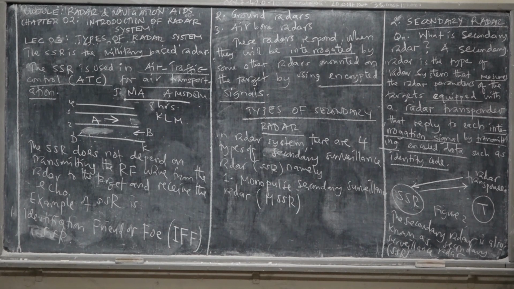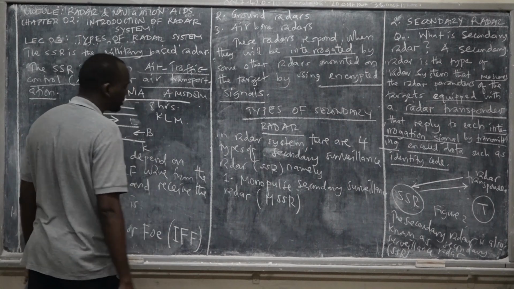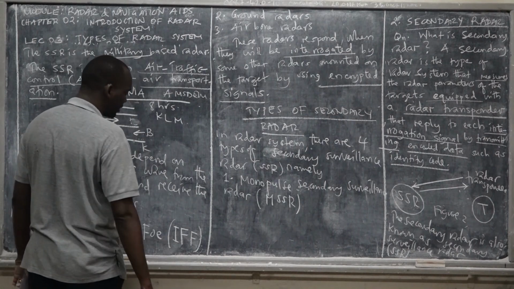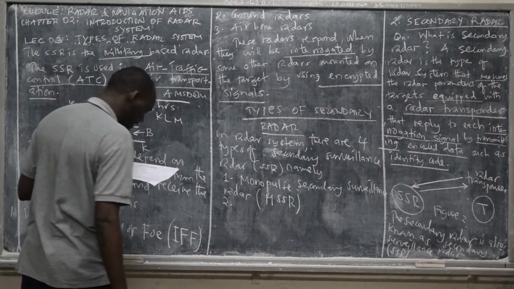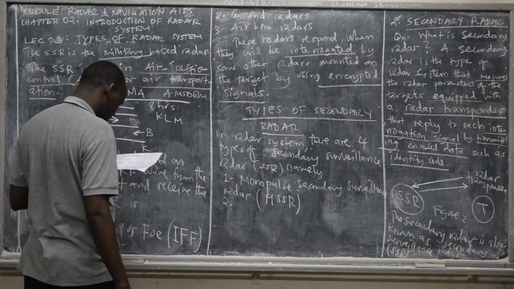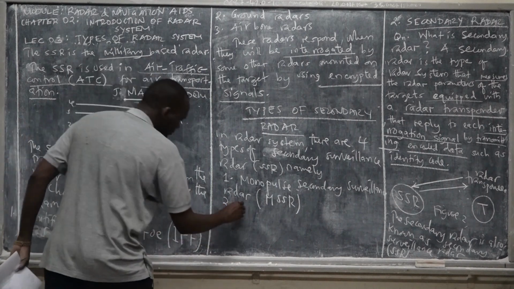Whenever you hear about encoded information, in most cases it is digital information, because whenever we talk about pulses, we talk about information in digital form. So the first type is the monopulse secondary surveillance radar. Say it loudly.